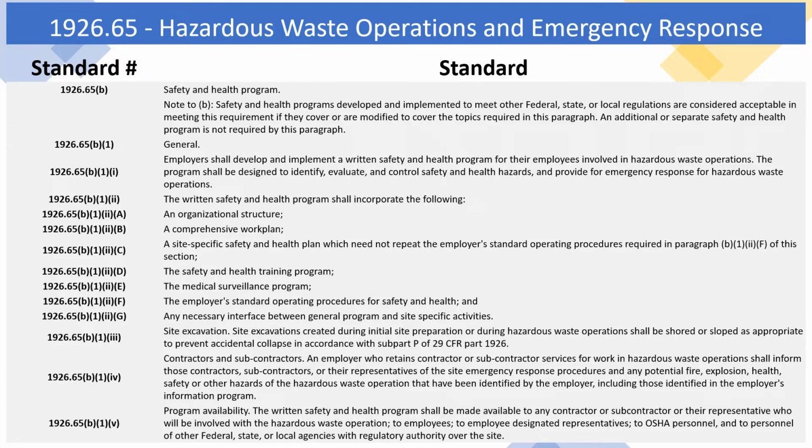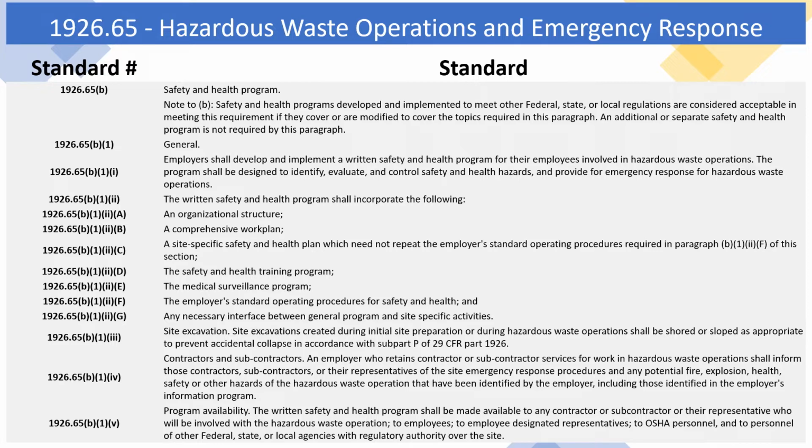(D): The safety and health training program. (E): The medical surveillance program. (F): The employer's standard operating procedures for safety and health, and (G): Any necessary interface between general program and site-specific activities.